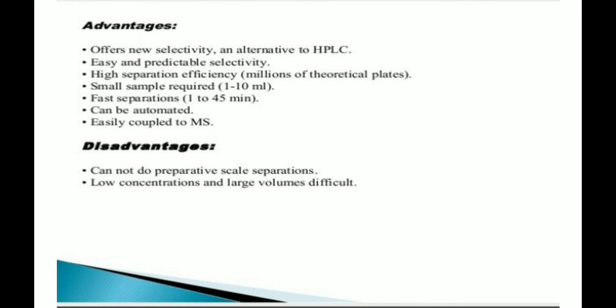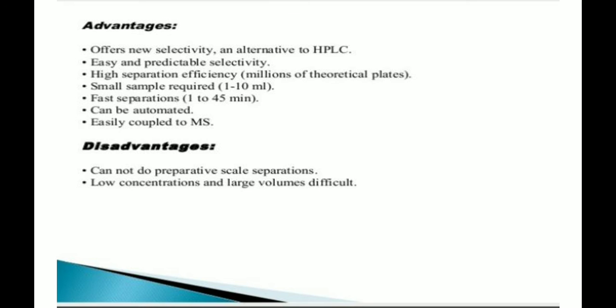Now it has some advantages, like it offers new selectivity and is an alternative to HPLC. Instead of HPLC, you can use capillary electrophoresis because it resembles HPLC. And as I told you, the detectors used in HPLC and GC, we can use the same for capillary electrophoresis.